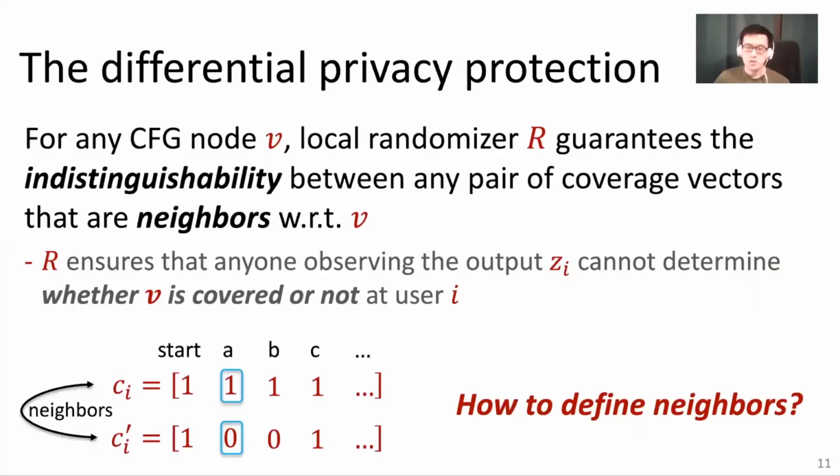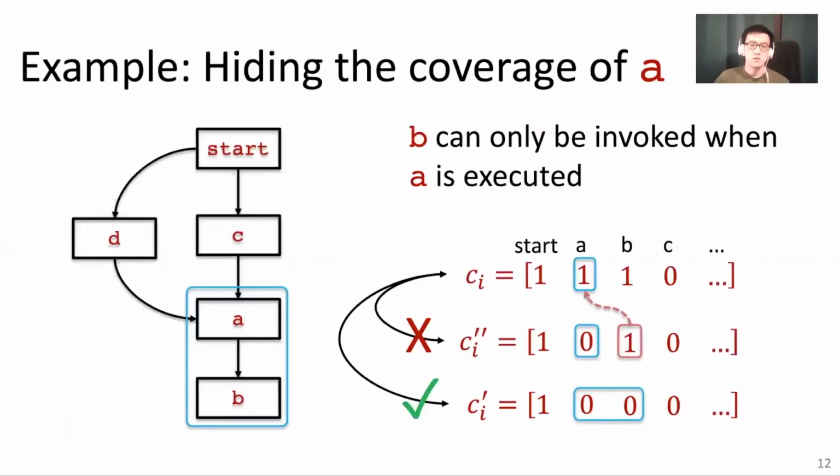Now the problem is, how do we define neighbors? Because of the structure of the control flow graph, we can infer that if some node is executed, some other nodes are also executed. And if some node is not executed, then some other nodes are also not executed. To better understand this point, let's look at the previous example. In this control flow graph, B can only be invoked when A is executed.